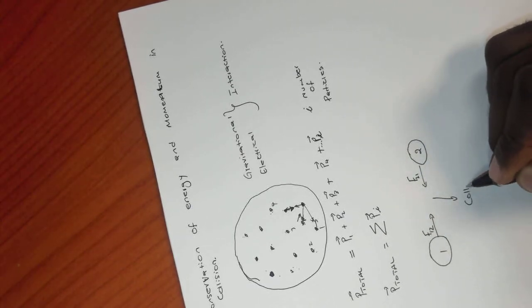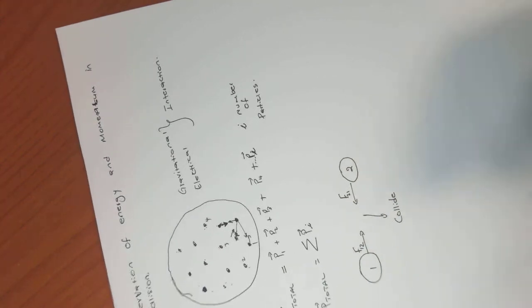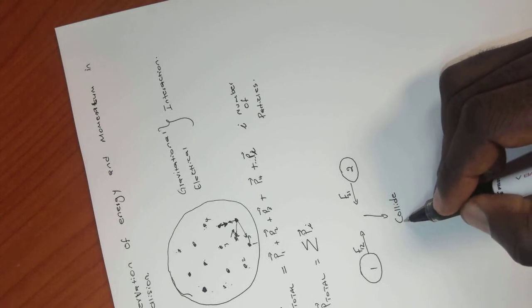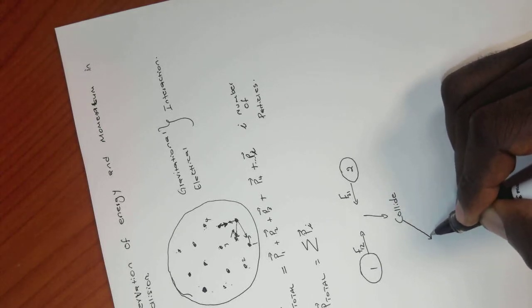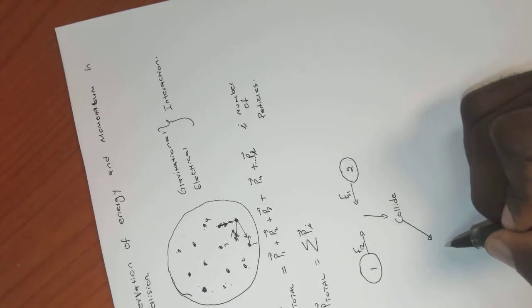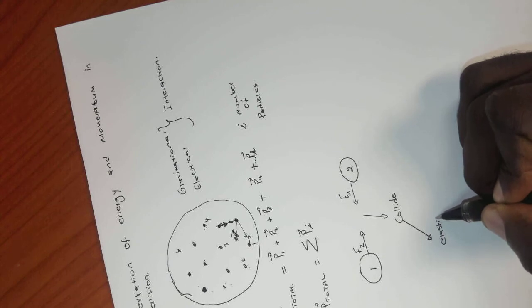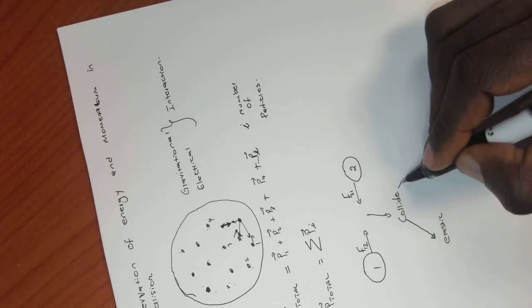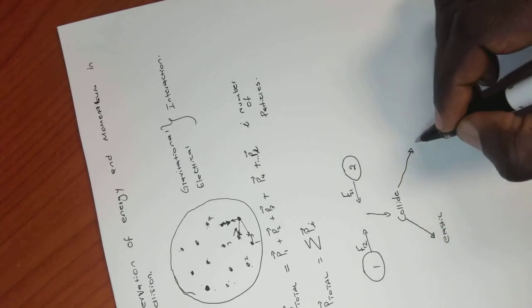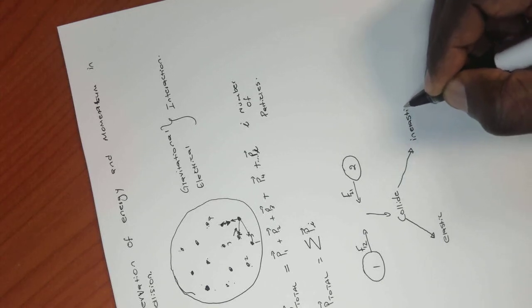So during the collision, there are 2 things that can happen. Either after the collision the particles don't stick together, and we call that an elastic collision, or they might stick together, and we call that an inelastic collision.